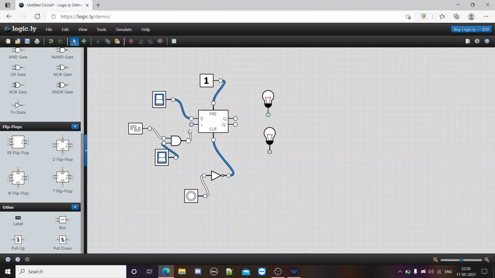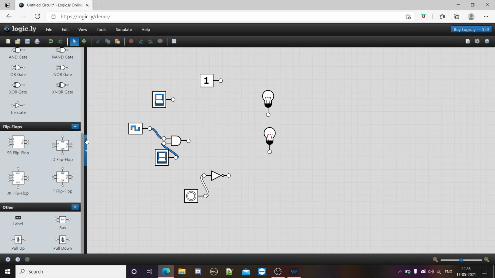The inverse of the input will be given to the other input, so that it will work. And Q is the previous state, Q dash is the next state. If both are 0, it remains in the previous state. 0 1, it will be the same, and 1 0, same. 1 1, it will be in any of the states as well.